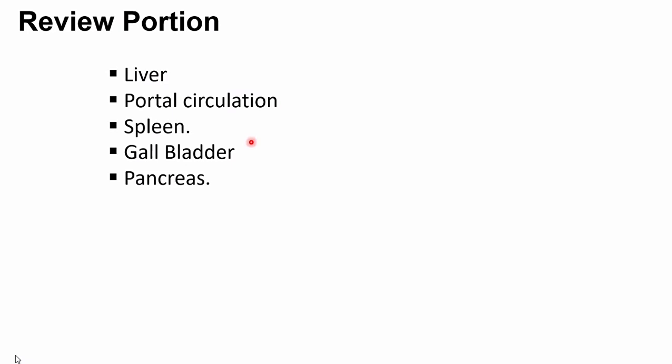Kasi may splenomegaly, hepatomegaly, meron bang cardiomegaly? Malayo yun eh, di ba? Abdomen ito, wala sa heart. So these are just example. Esophageal bleeding, that's portal circulation. Di ba may esophageal varices?